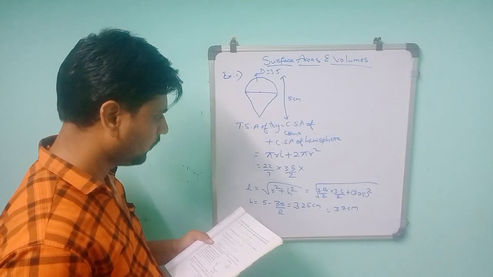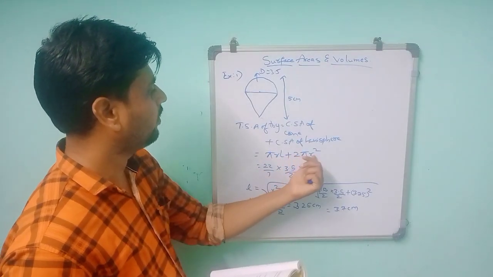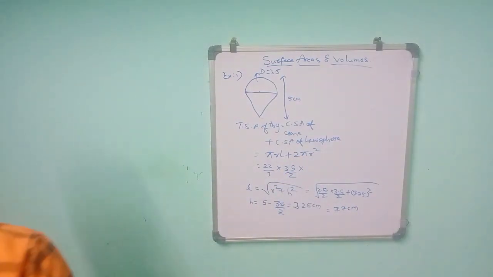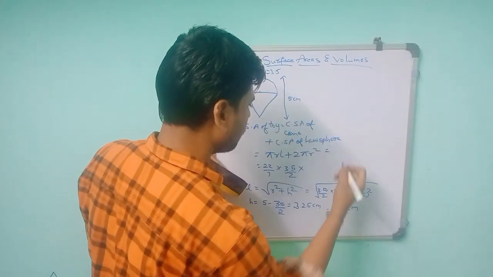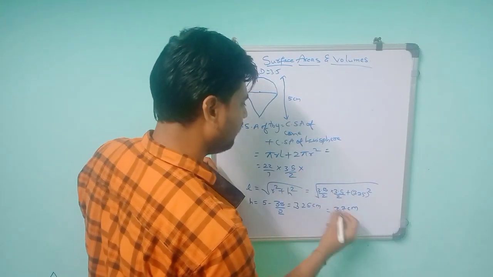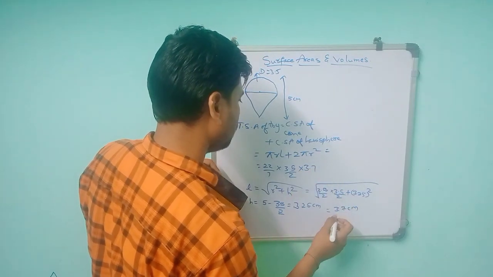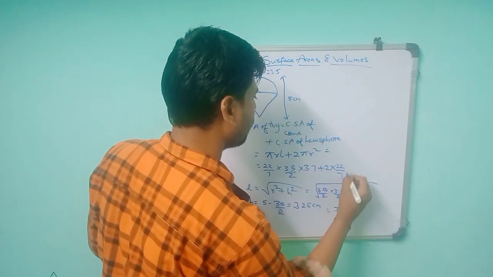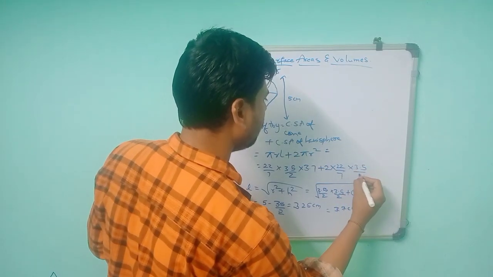So you got the l value, r you know, and pi. The radius of the cone you also know. So if you calculate this one, 22 by 7, 3.5 by 2, then l is 3.7, plus 2 pi, 22 by 7 into r, 3.5 by 2, 3.5 by 2.